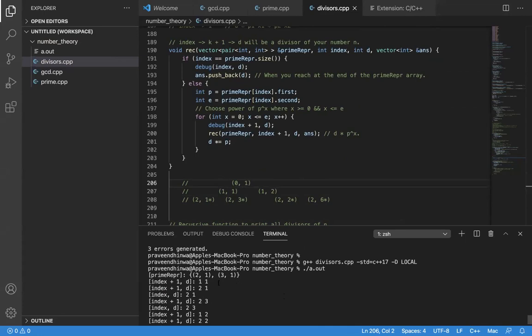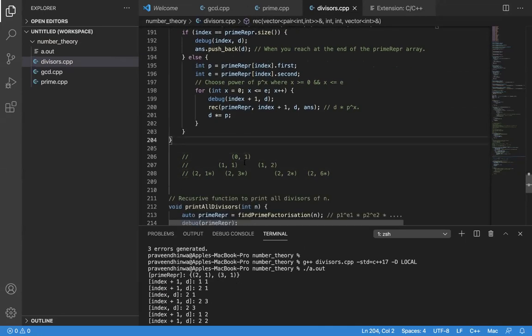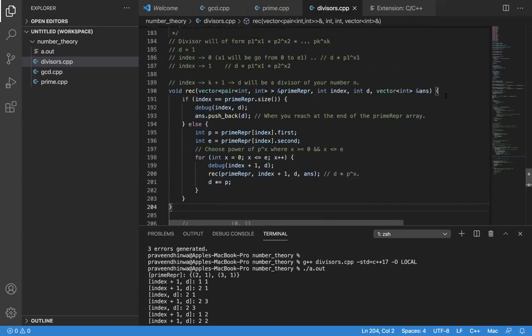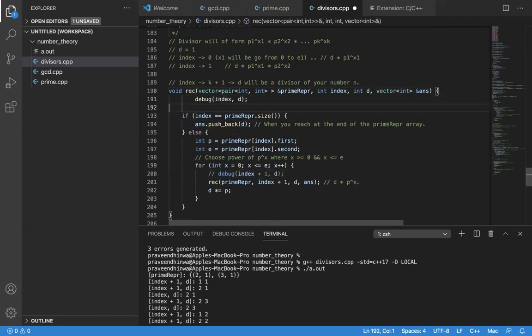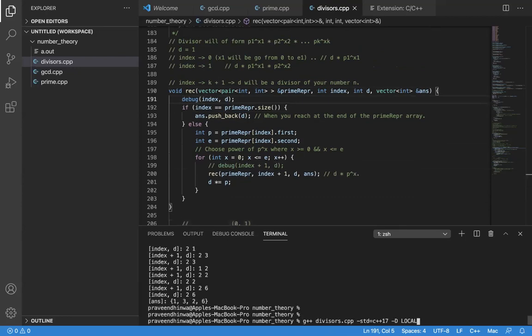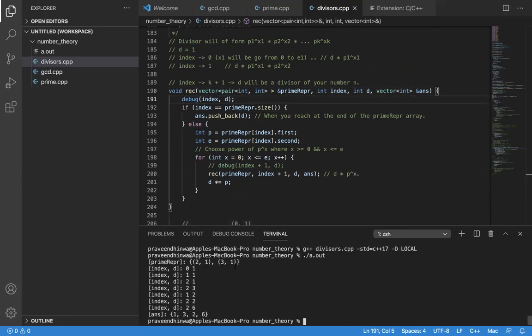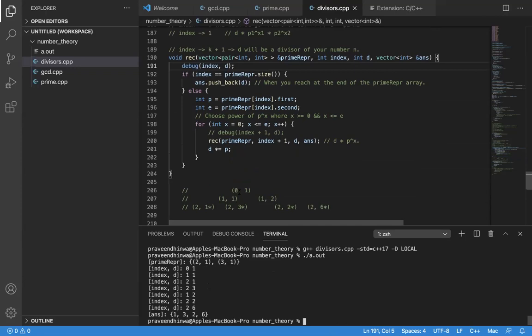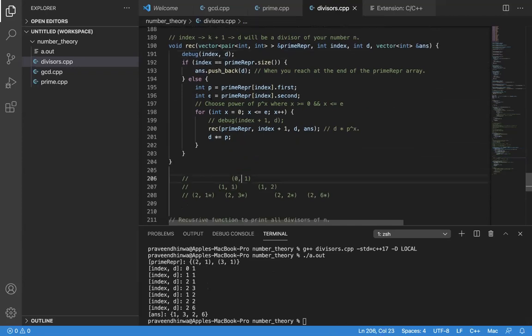So now let's see. Initially I started with, instead of doing it here, let's do it here so that I get an idea at what indexes I am reaching. So I started with 0, 1. Index is 0, d is 1.